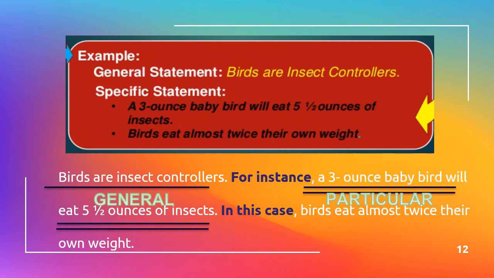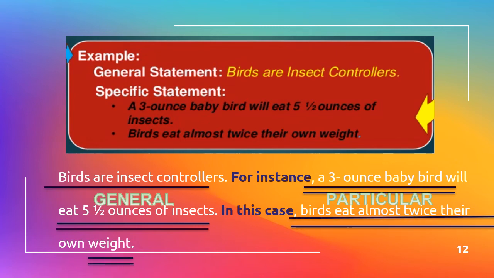So for instance, and in this case, are two grammatical signals that can be used for general to particular. Okay, so we connect different ideas. We connect the general idea or the general statement to its specific or particular statements using grammatical signals. Okay, because we have here the general to particular.